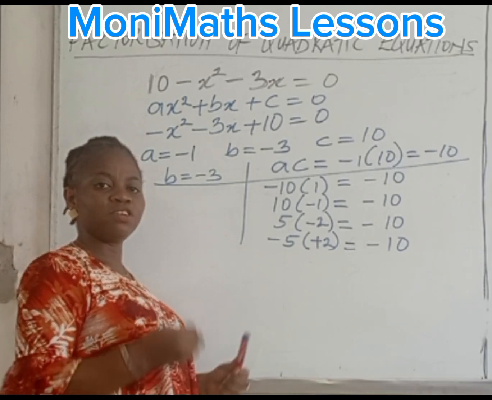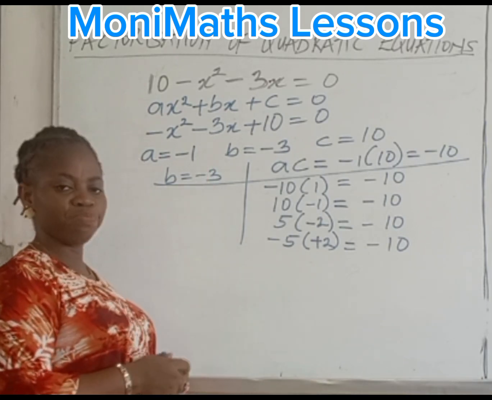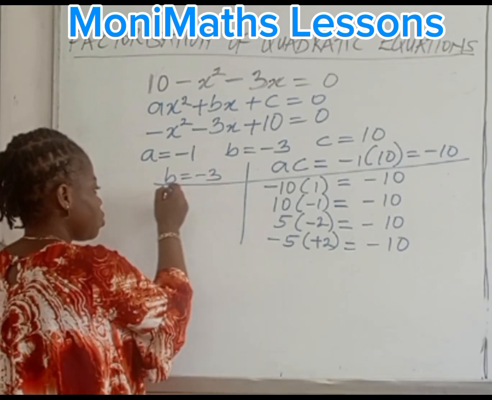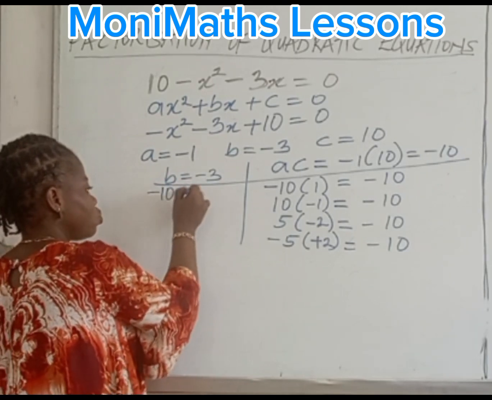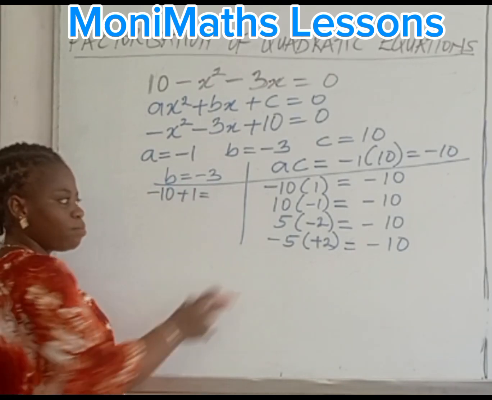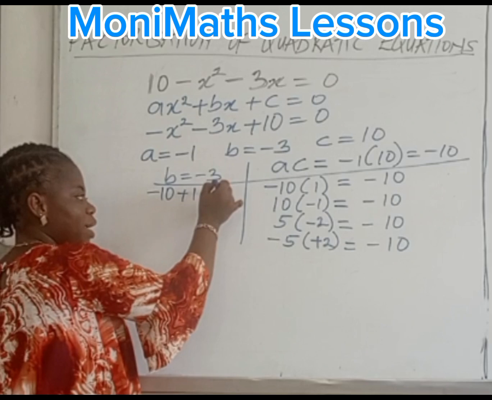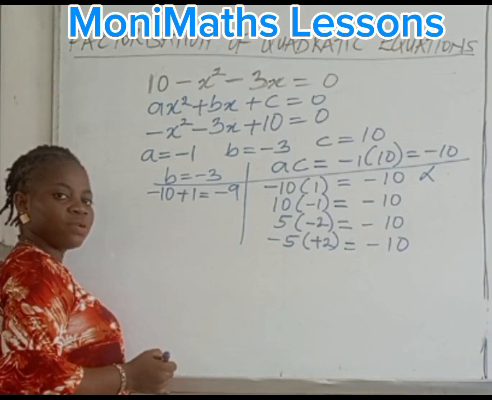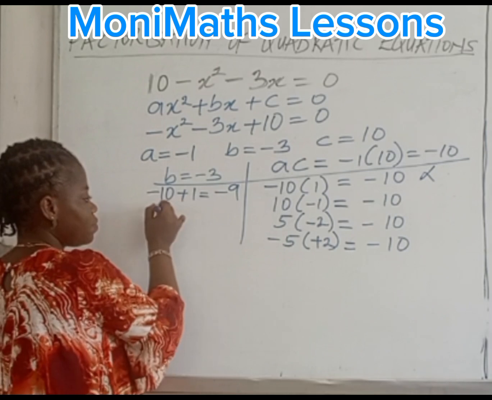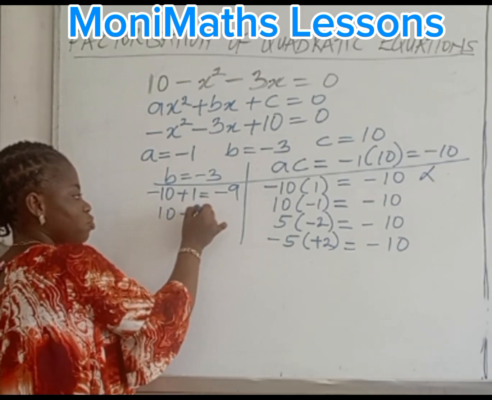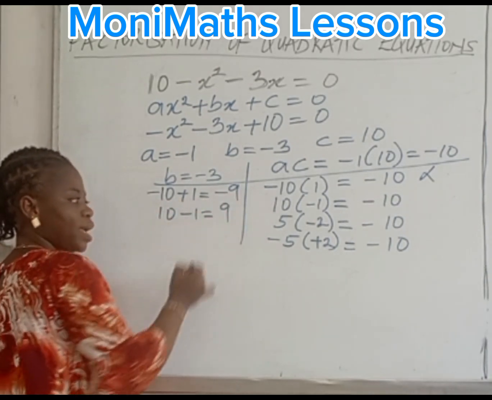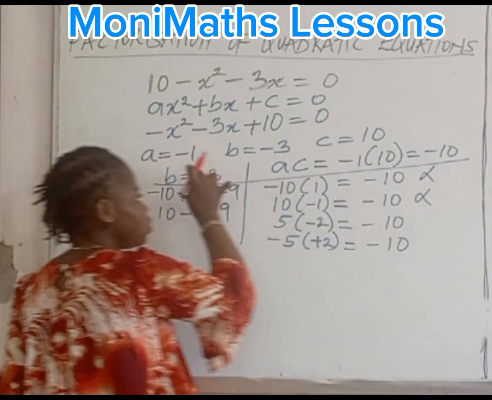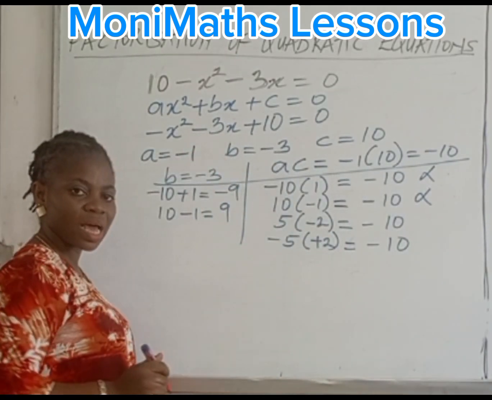So let's test the sum of which will give us b, which is minus 3. I have minus 10 plus 1, which will give me minus 9. Definitely those are not the factors I need. Then I have positive 10 minus 1, that will give positive 9. That does not correspond with the minus 3 I need.